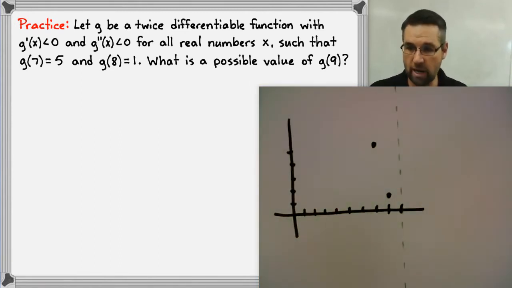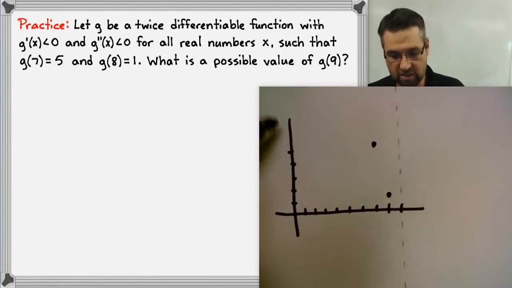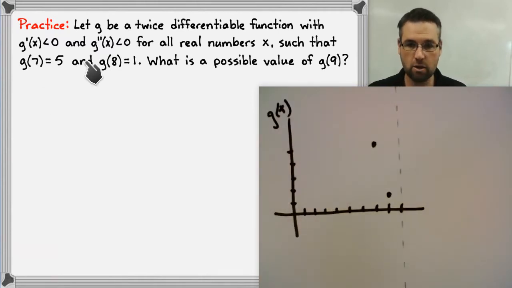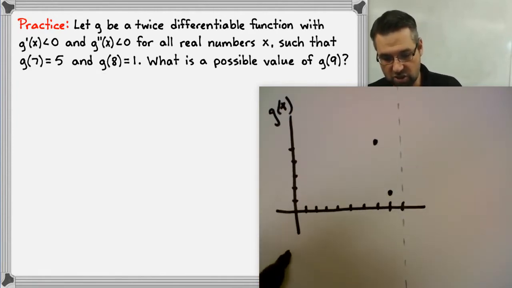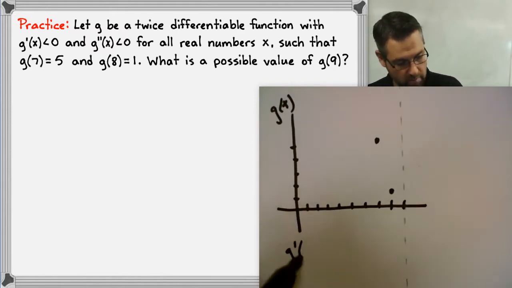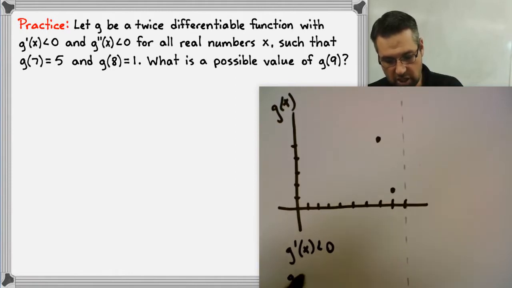Now, we don't know what it is, but we can take the information that was given here and interpret that. So since we are trying to look for G of 9, this is the graph of G, we want to interpret what's given here according to the graph that we're talking about. In this case, we're talking about G. So we would say something like this. We would say since G prime is less than 0, we can conclude that G is decreasing.